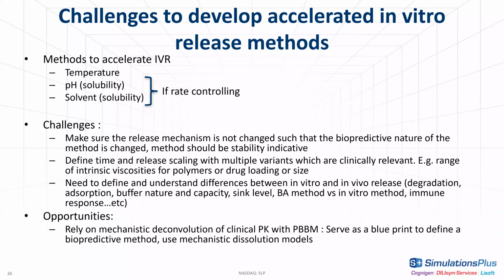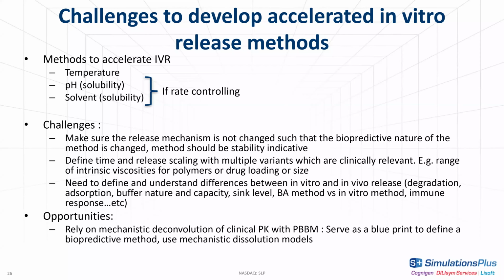And as we discussed this morning, you need to make sure you don't change the release mechanism compared to the real-time testing, because you may start to see things that are not predictive of what will happen in vivo. And I know we spoke this morning about the correlation between in vitro release testing and whether it should be biorelevant or biopredictive or not.